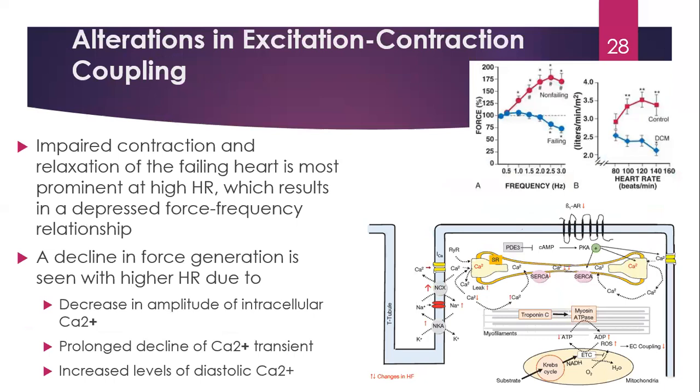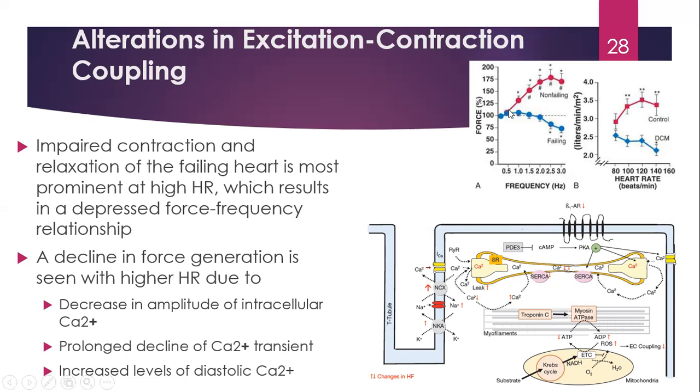All right, so the alteration in excitation-contraction coupling. We mentioned earlier that in remodeling, it's not only the anatomy, but also functional processes within the cell that are affected. I think we came across this schematic before. This is the force-frequency relationship, otherwise known as the staircase effect or the Treppe effect.